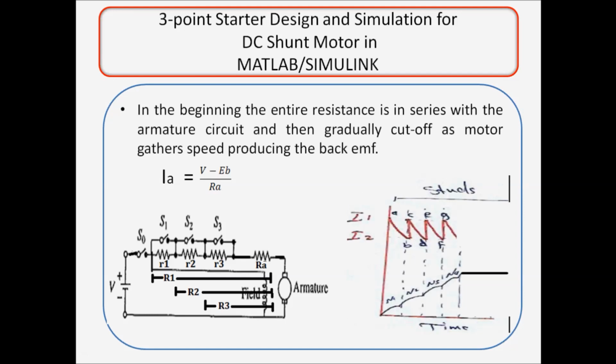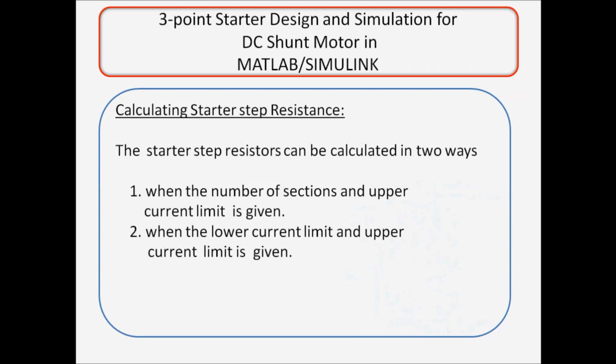Next thing is how to calculate resistor values of the starter. First we will calculate step resistors, that is capital R1, capital R2, capital R3. With the help of these step resistors, we can get section resistors, that is small r1, small r2, small r3.